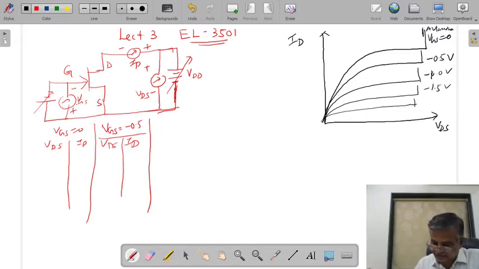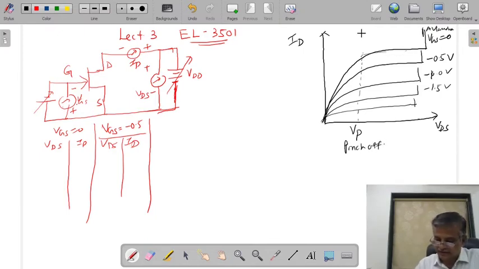In the last lecture, we discussed this is the pinch off voltage, the voltage of VDS at which the current is saturated. Look here, saturated. At this voltage of VDS, that voltage is called pinch off voltage.